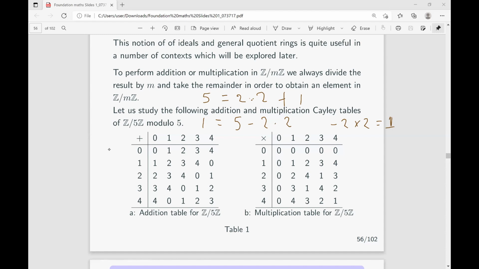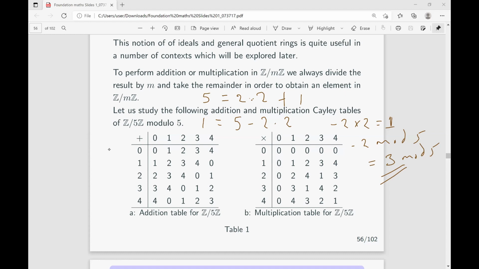But what is negative 2 mod 5? Negative 2 mod 5 is the remainder if 5 were to go into negative 2. I just get that by adding 5 and negative 2, so the remainder is 3. So I find, therefore, that the inverse of 2 is 3. How I got 3, I just used Euclid's algorithm.